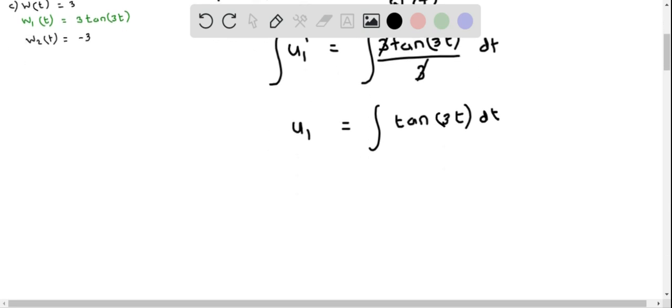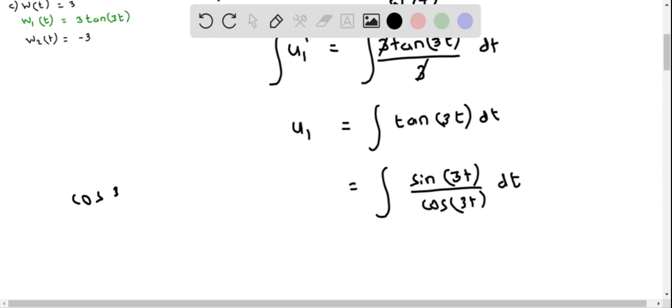And here we can rewrite this as the integral of sine 3t over cosine 3t dt. We now use the u substitution method. Let's put cosine 3t equals u. So the derivative is negative sine 3t times 3, by applying the chain rule.